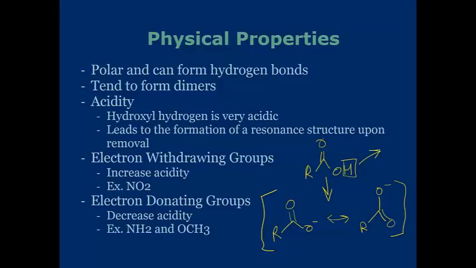Electron donating groups, as the name suggests, donate electron density to the hydroxyl group, thus decreasing the acidity. The groups that you will most commonly see on the MCAT are NH2 and OCH3. Especially when it comes to phenols, you may want to take note of electron withdrawing and electron donating groups, because these two types of groups are also going to imply the chemistry of that compound.